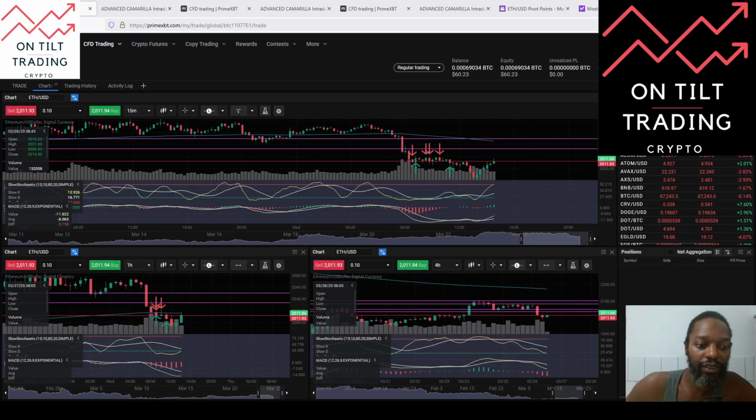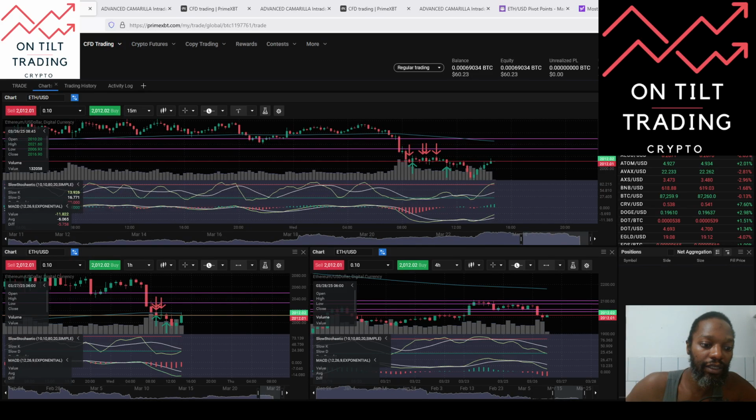We can see the slow K cross under the slow D, going into an oversold condition, and increasing seller momentum with the MACD well below the average.